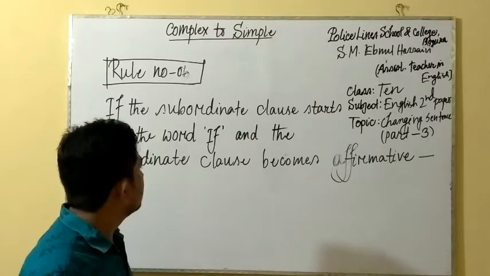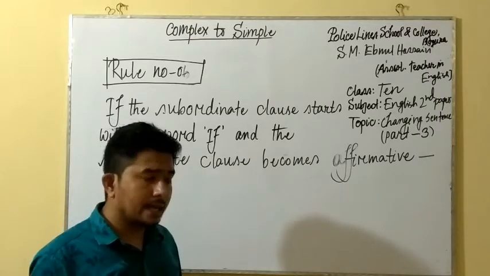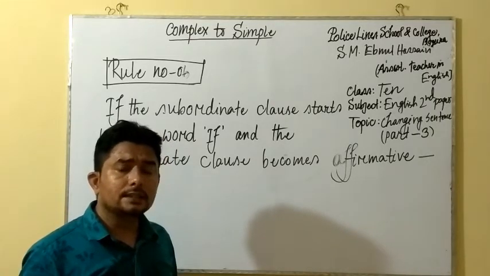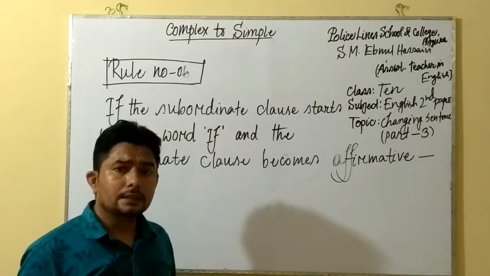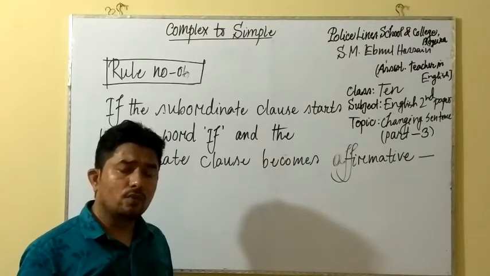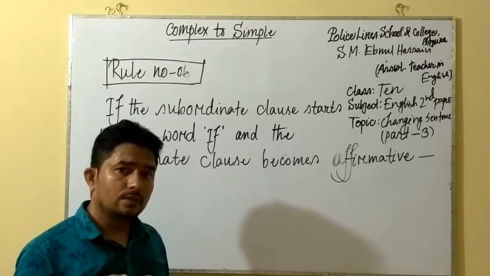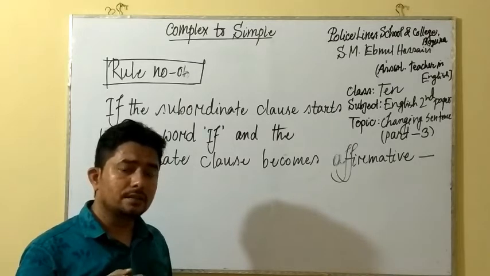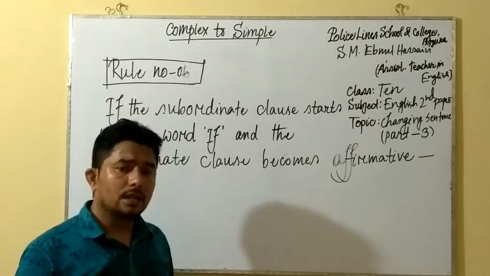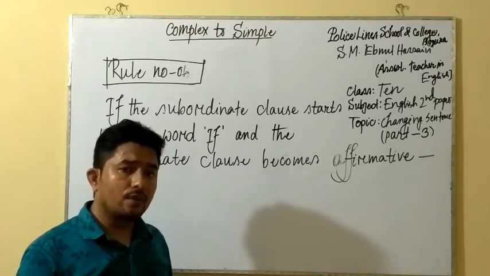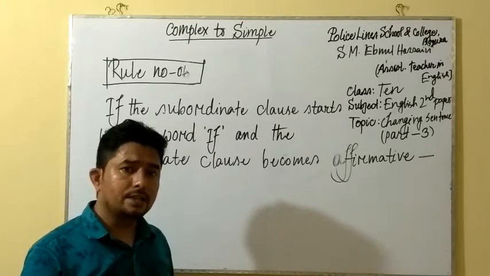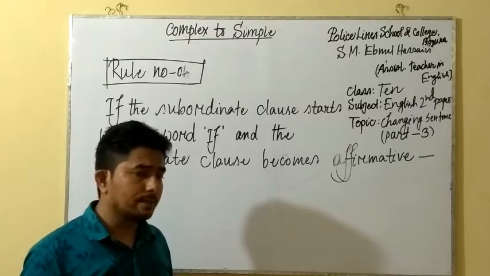But if the subordinate clause becomes affirmative, then we add the word by, and then the gerund, the ing form, is added to the base form of the principal verb.